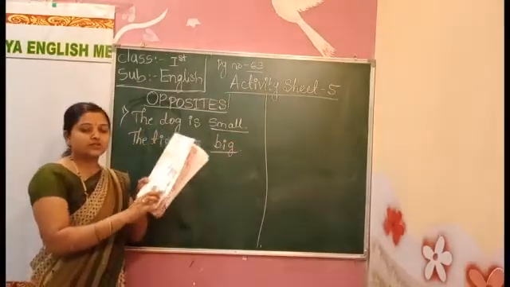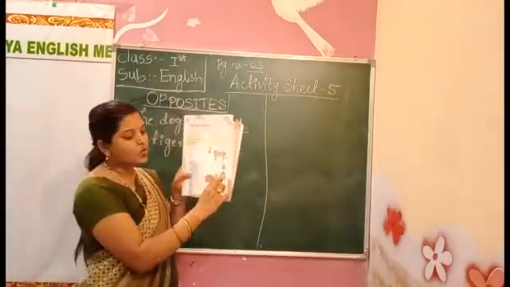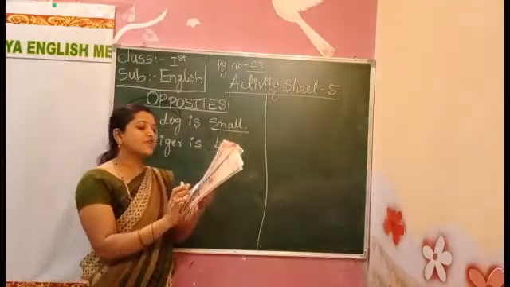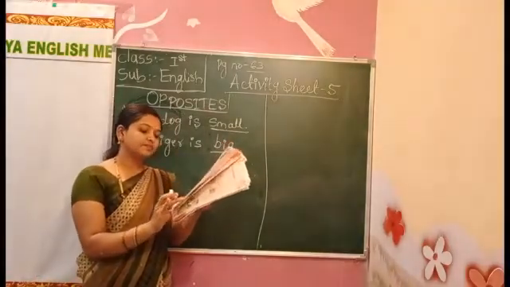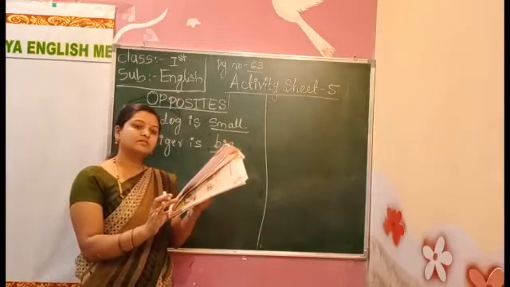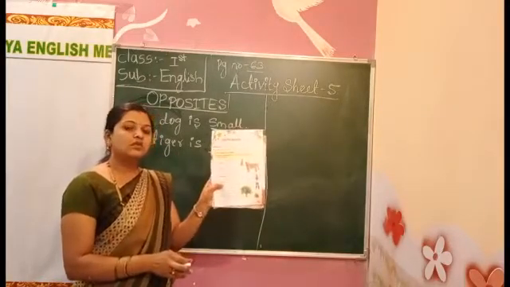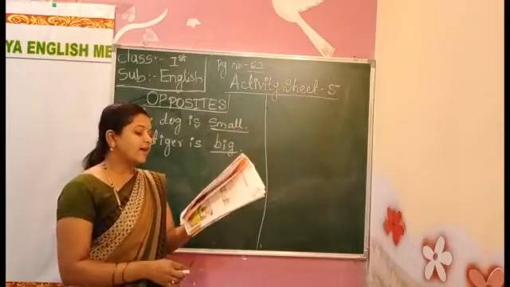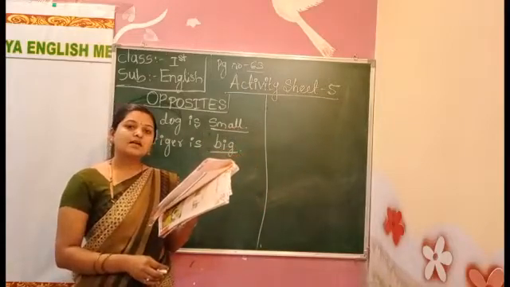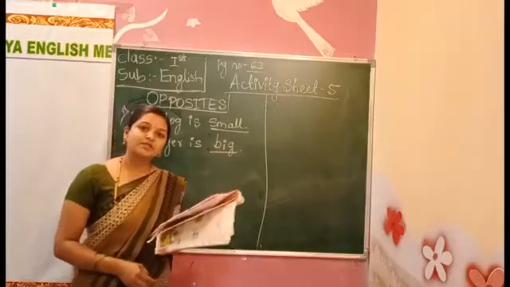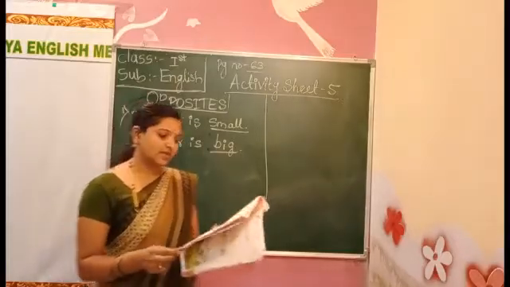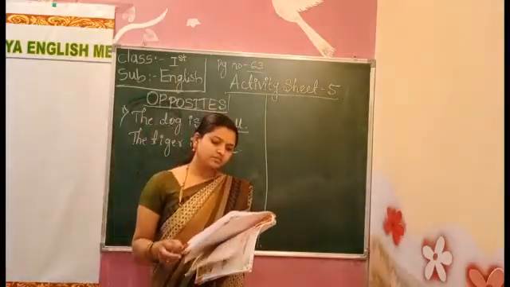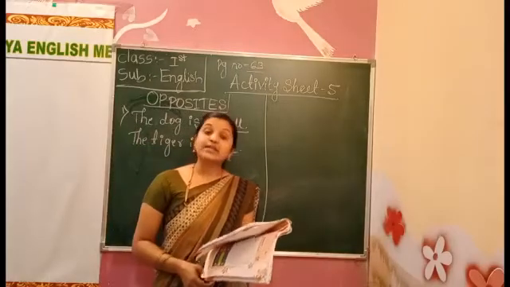Father and son is given here. Who is tall and who is short here? Who is big and who is small? The father is what? Tall or big? Which one do we use here? The father is big.